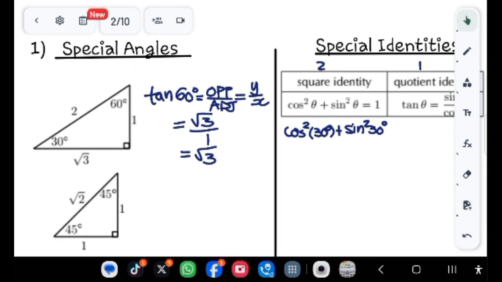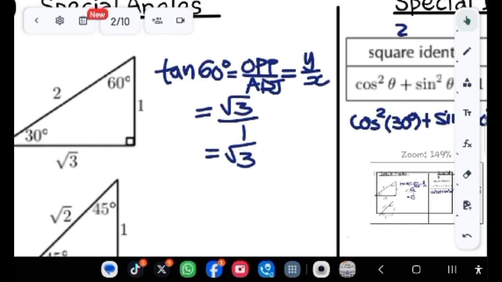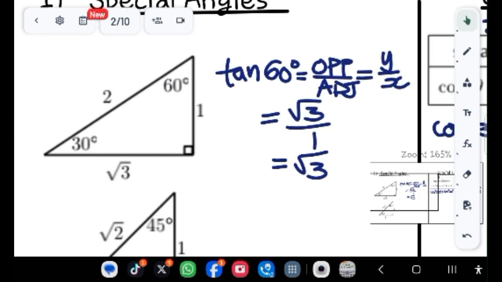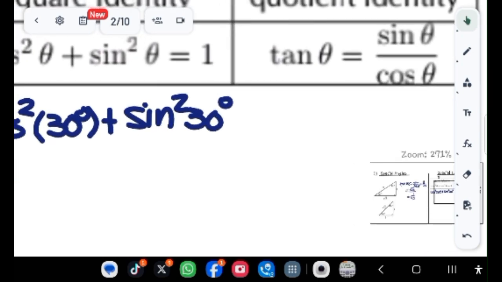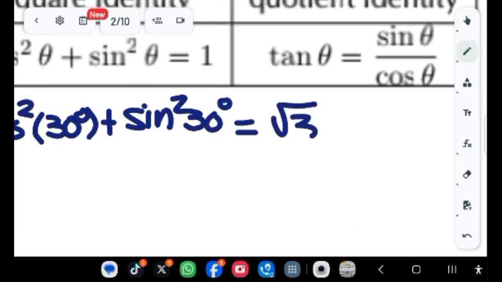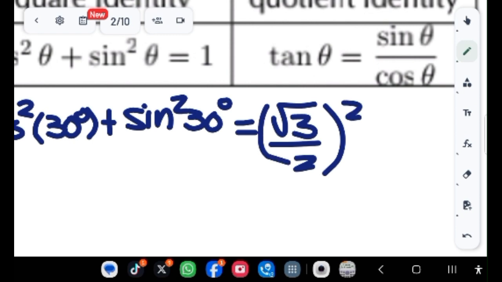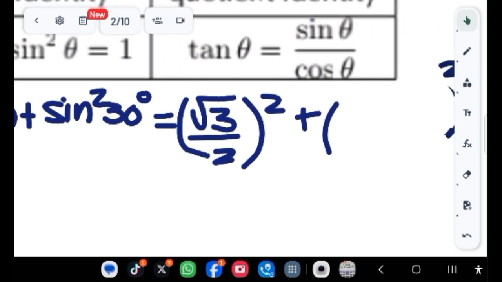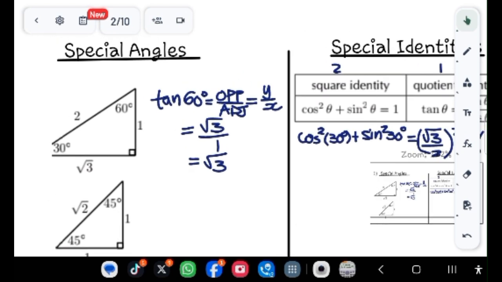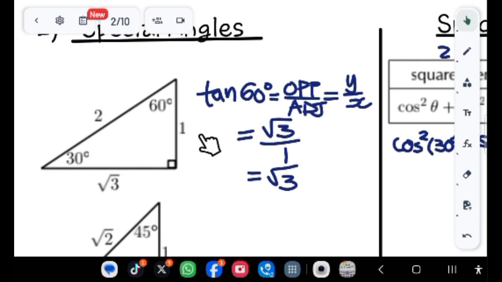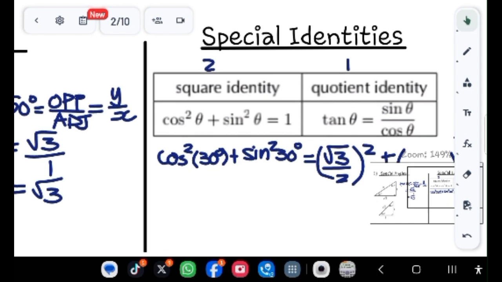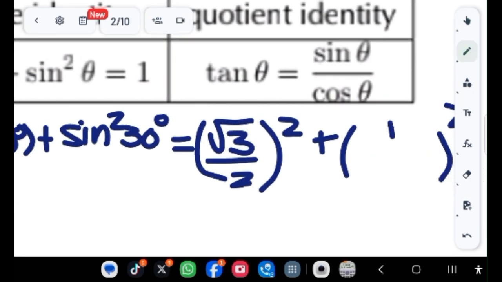The cos of 30 degrees is, here is the 30 degree angle, the cos is adjacent over hypotenuse, so that will be square root of 3 over 2, all squared, plus, and the sine of angle 30 is opposite over hypotenuse, so that's 1 over 2. That is also squared. Let's calculate that and see.